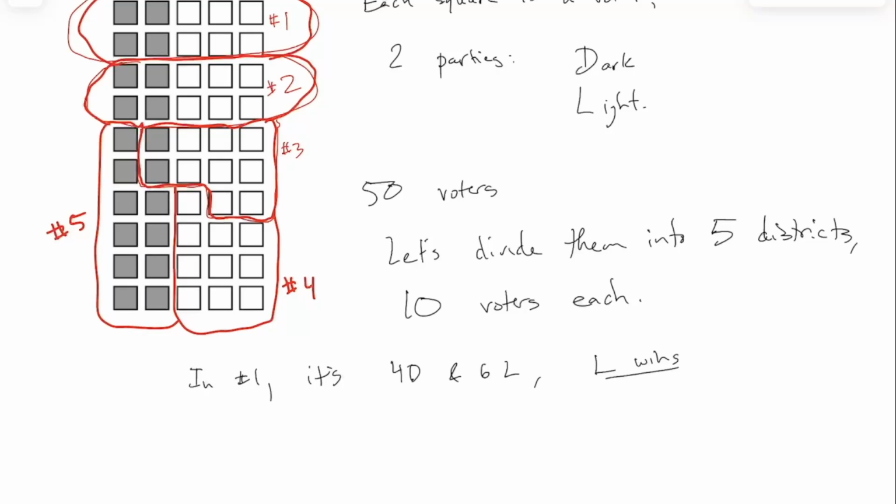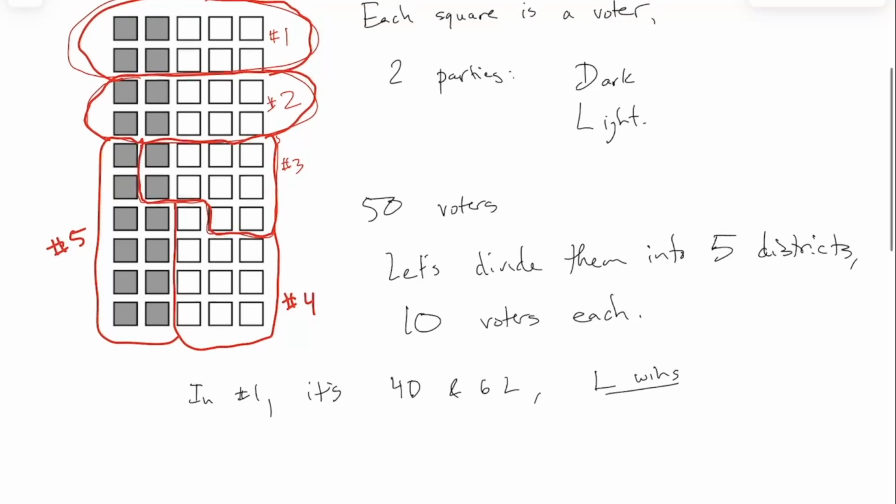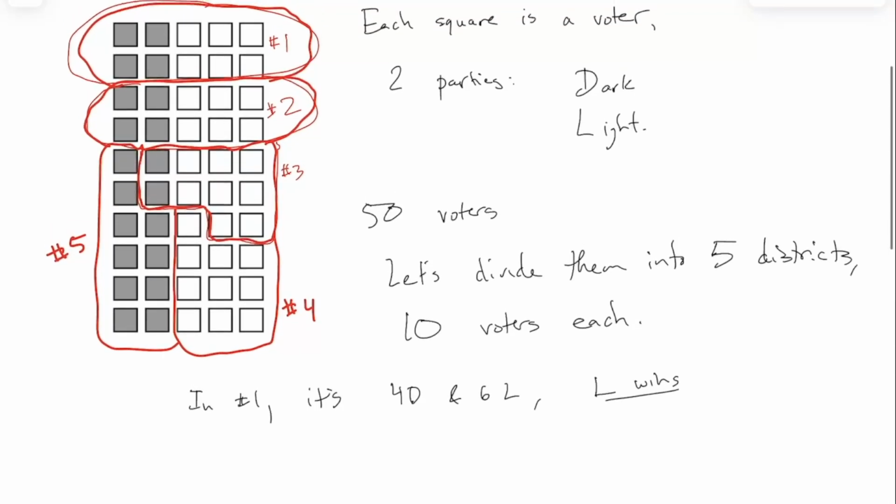Okay. Number 2 is exactly the same. Again, if you count up the squares in District 2, we see 4 dark ones and 6 light ones. So in number 2, it is also 4 dark and 6 light. So L wins number 1. L wins number 2 also.